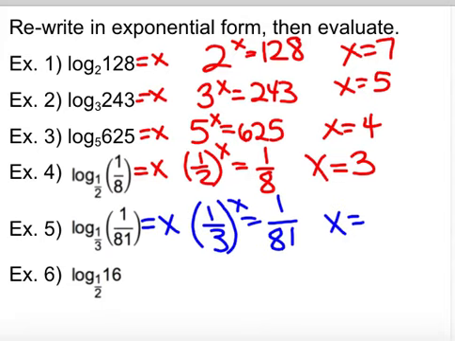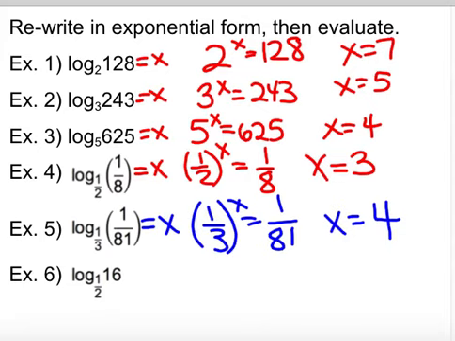What are you getting here, this or this? This. Okay, and so 1/3 to the 4th is 1/81 because remember 1 to anything is just 1, and then 3 to the 4th is 81.